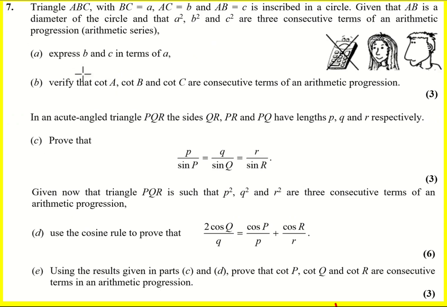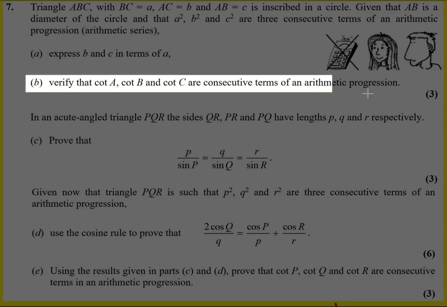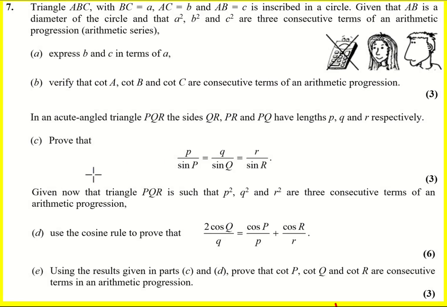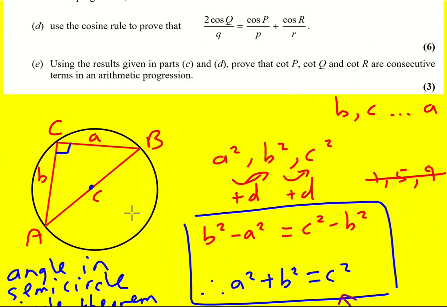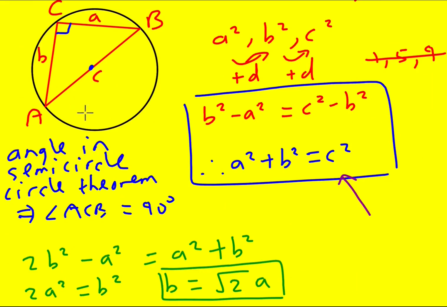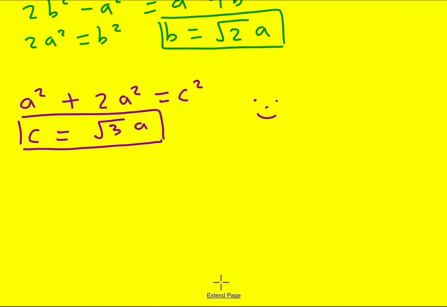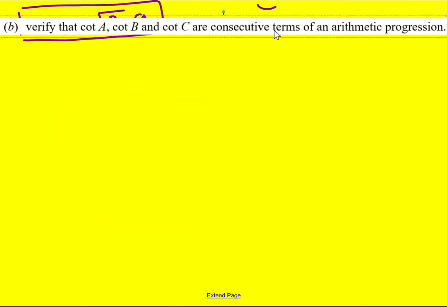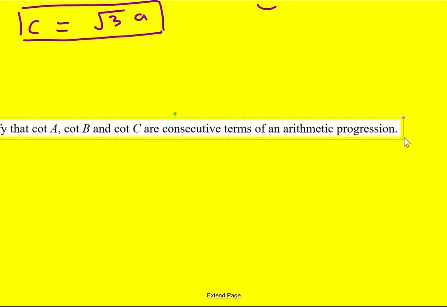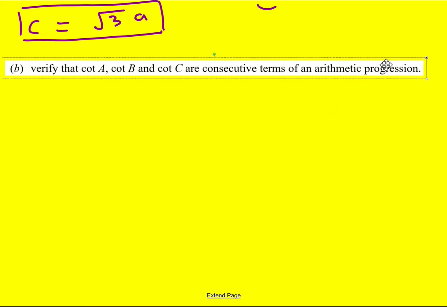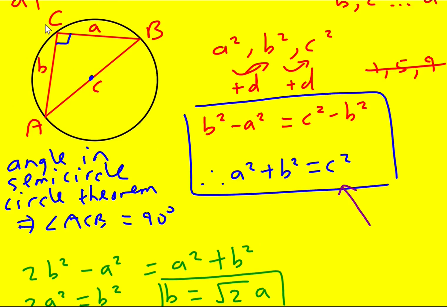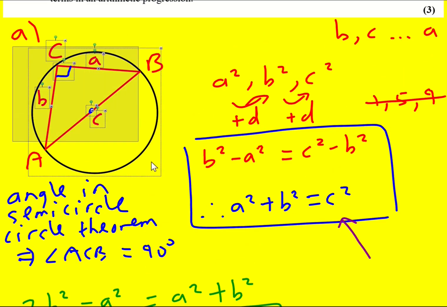Next up, we're asked to verify cot A, cot B, and cot C are consecutive terms of an arithmetic progression. So this was part a. Okay, this diagram will still be useful. And in fact, I'm just going to make a copy of it.